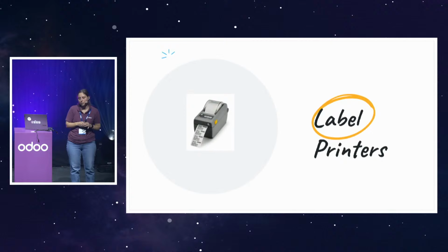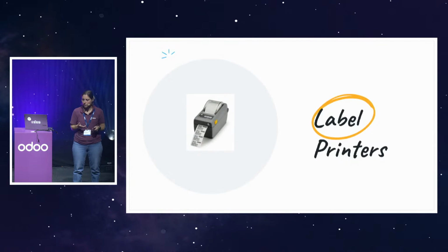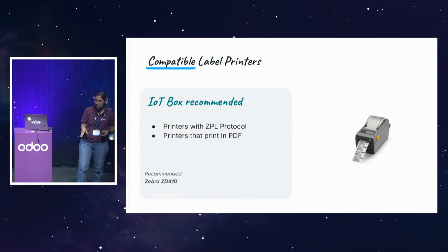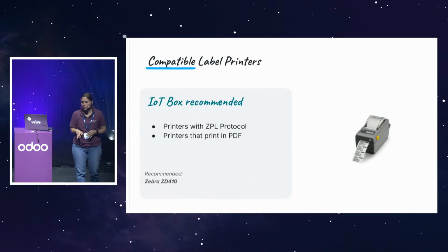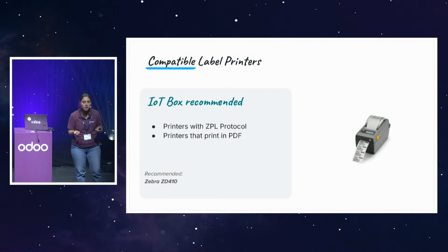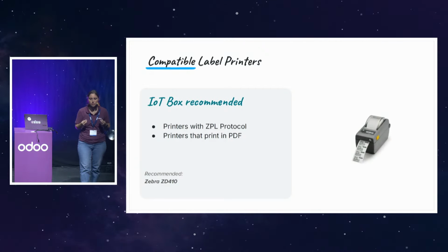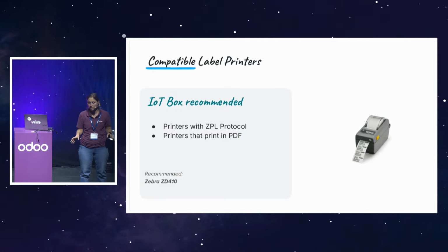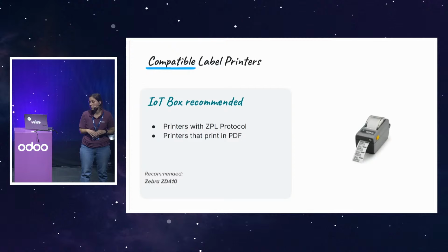Good. Label printers. Those are the printers you can use to print product prices. Here, like I said, you do not need an IoT for that, but it is recommended. Why? Because you will be able to automate the printing of your labels. You can totally use it without, as long as it is a ZPL protocol.